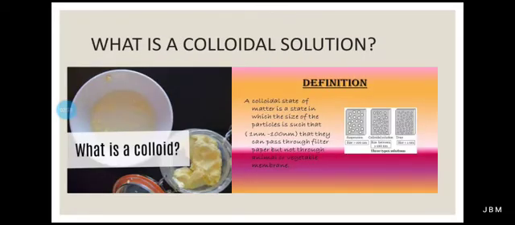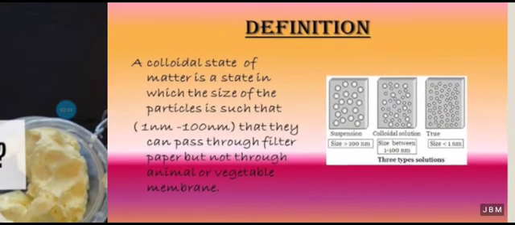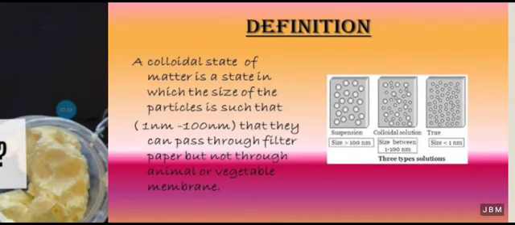Now the question, what is a colloidal solution? Before I give you the definition, you can see the definition of colloid coming right now on your screen, but what I want to show is the distinction in the particle size. You know about a true solution, you know about a suspension, but check the size of the particles in a colloidal solution.